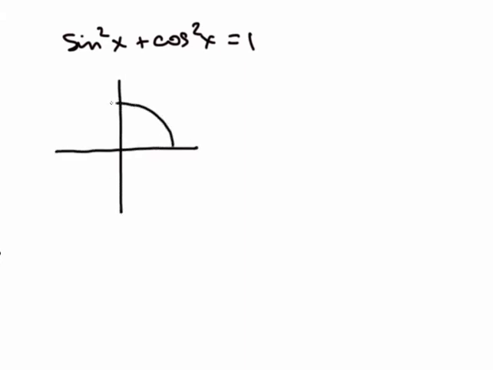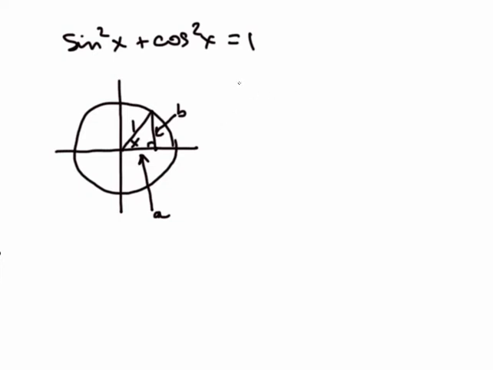So if I were to draw a circle here, and I have a right triangle going on right here, so this radius is 1, and let's call this x value a. I've got x going on already, and let's call that value b here, and let's call this angle right here x.